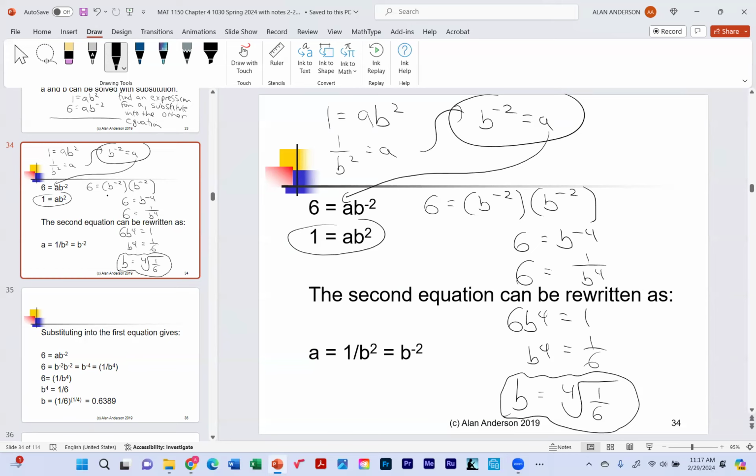Now, by the way, in the slides, you'll see that I've written this out as approximately equal to 0.6389, in case you were wondering.